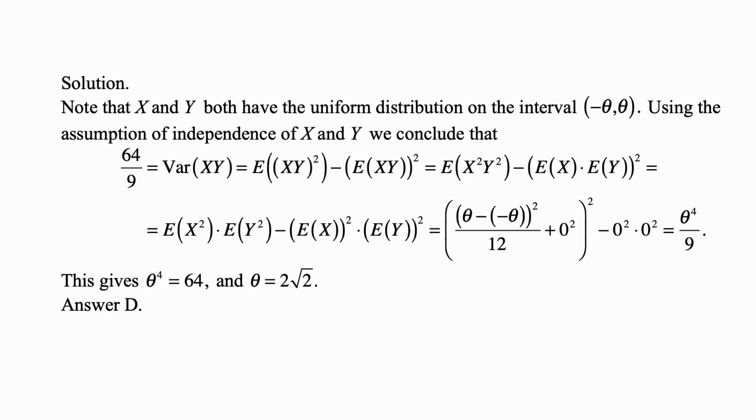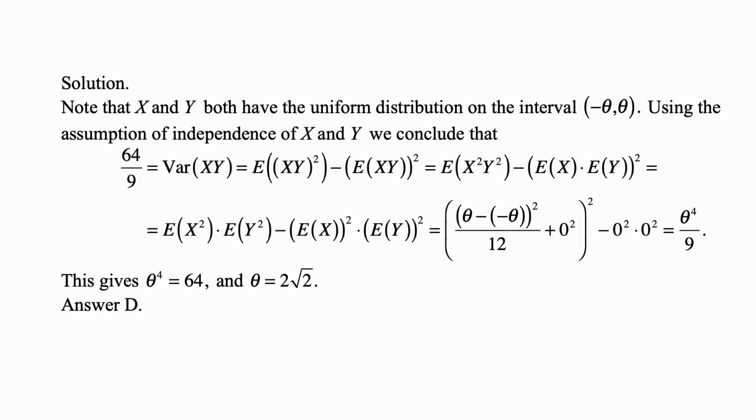Now notice that the uniform distribution on the interval from minus theta to theta has the expected value, or the mean, of 0, and the variance of it is the length of that interval from minus theta to theta squared divided by 12, which is a fundamental property of the one-dimensional uniform distribution that you must know for the test.